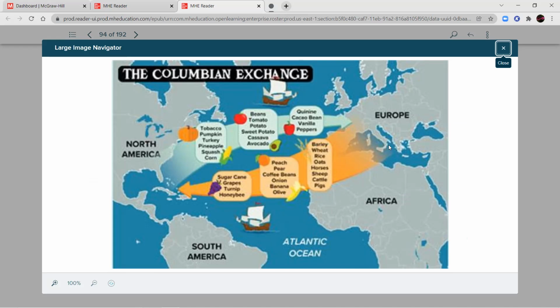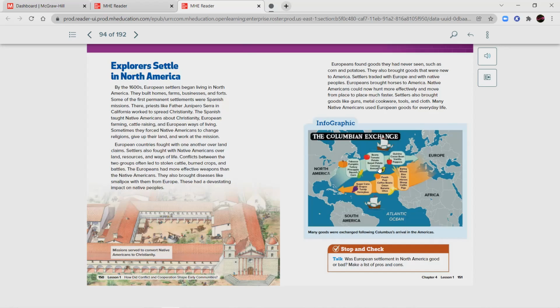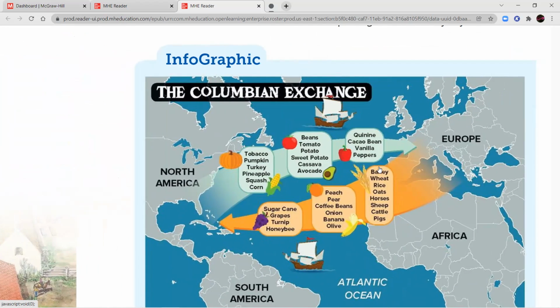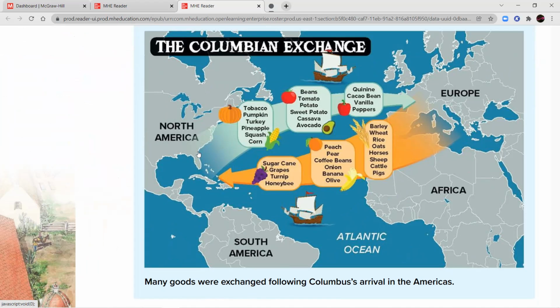We can see some of the crops that were sent back from what they called the New World back to Europe, and what came from Europe to the Americas. I'll zoom in here so that you can read them more easily. What they took back to Europe included tobacco, pumpkin, turkey, pineapple, squash, corn, beans, tomatoes, potatoes, sweet potatoes, cassava, avocado, quinine, cocoa beans, vanilla, and peppers.